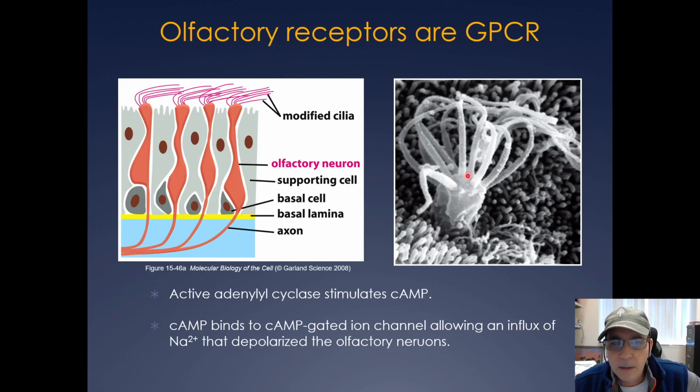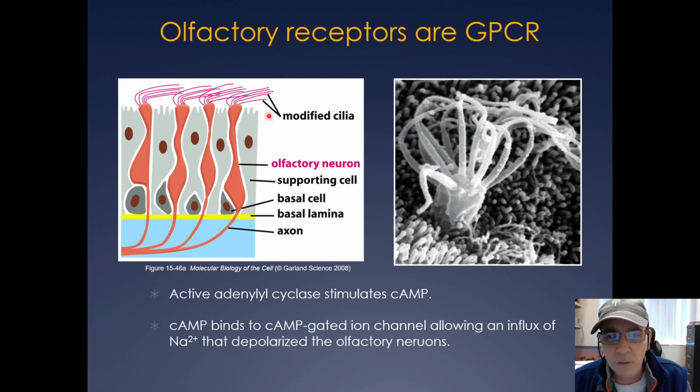Upon binding, they can activate adenylate cyclase, which then can stimulate the formation of cyclic AMP, and the cyclic AMP then binds to cyclic AMP gated ion channels, allowing an influx of sodium that can depolarize these olfactory neurons and then lead to the sense of smell. And so this is basically how your brain interprets the sense of smell, and this is actually how we smell things.